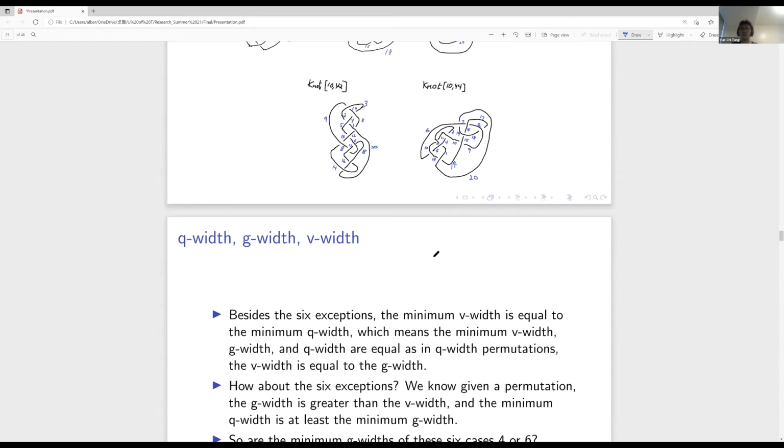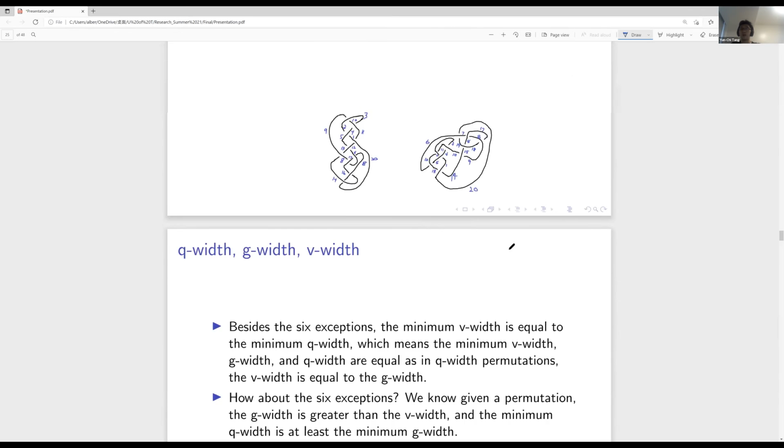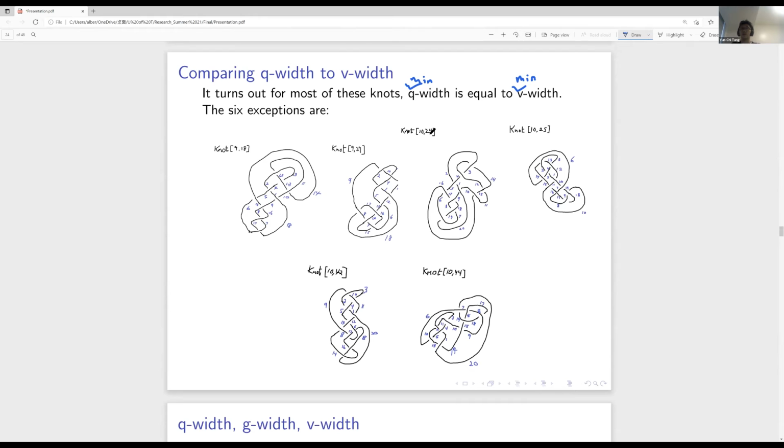This is because in a minimum quick width, we're able to bookkeep what the graphical width is in a manner where we don't have to account for circling crossings or anything annoying of that nature. So we know that the minimum graphical width in these cases is going to be at most the minimum quick width, which is going to be 6.